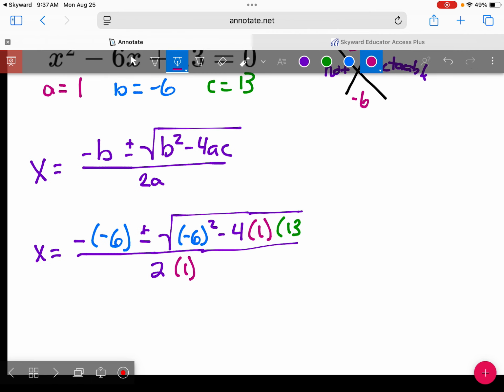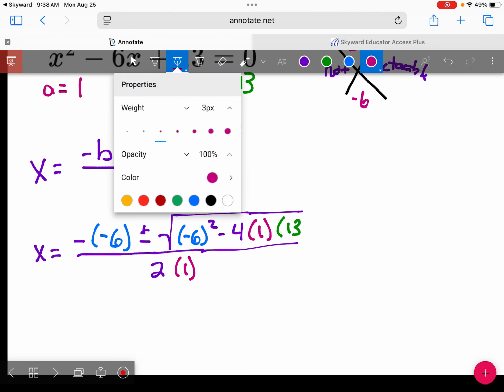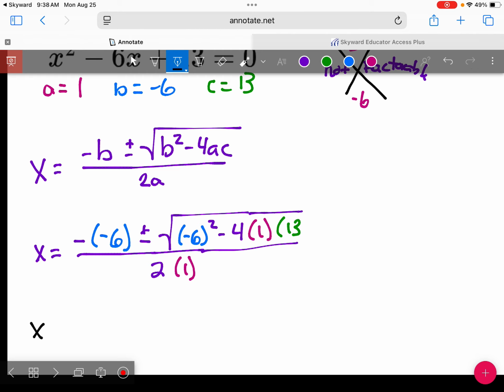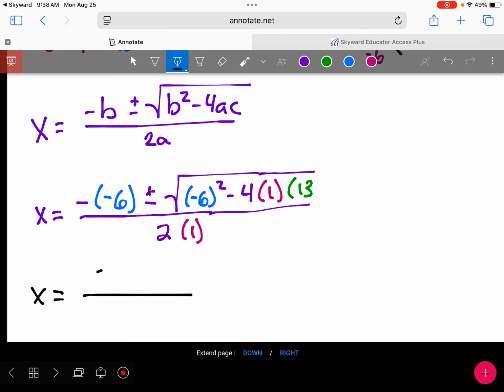So substitute all our pieces in and then work through starting to simplify it. We have x equals the opposite of negative 6 gives us a positive 6 plus or minus the square root. Yeah, we get a positive 36 minus 52. 4 times 13 is 52.